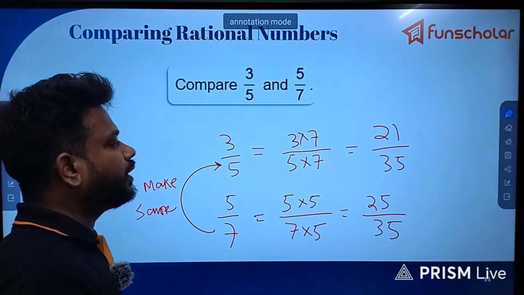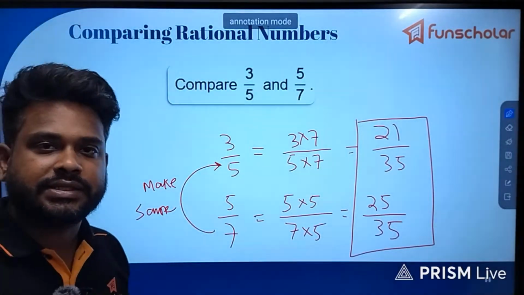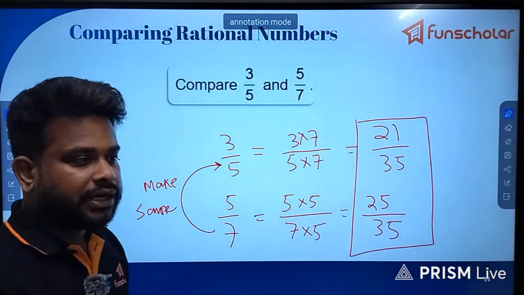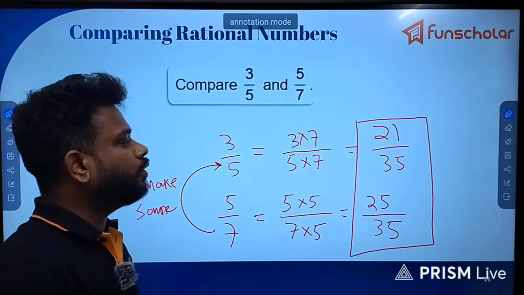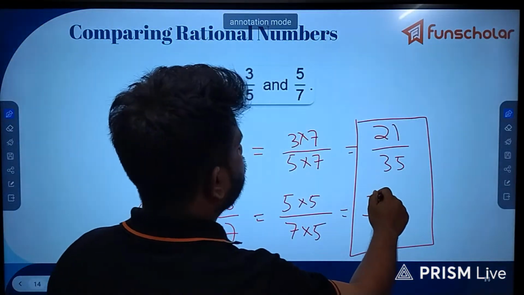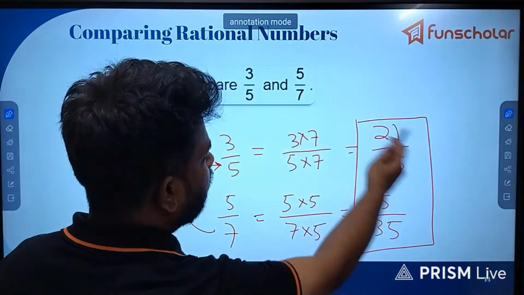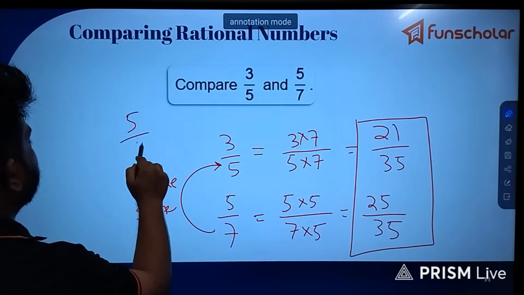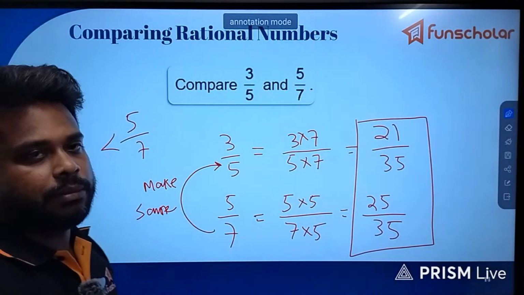Now look at these two fractions: they both have 35 as their denominators, one having 21 as the numerator and the other having 25 as the numerator. So 25 by 35 is obviously bigger than 21 by 35. So 5 by 7 will be greater than 3 by 5.